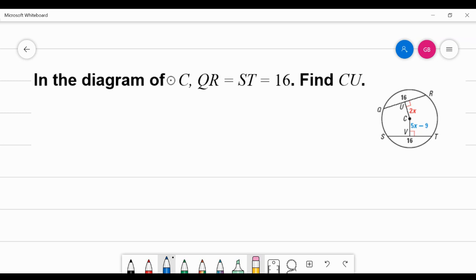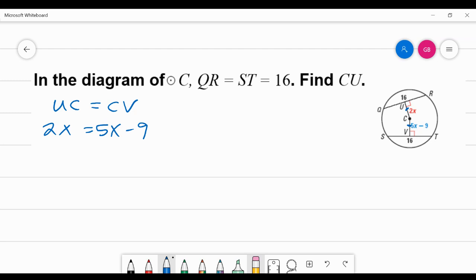So if they're equidistant, that means that UC and CV are congruent, or equal to each other. So now I could substitute the values. 2x is equal to 5x minus 9.